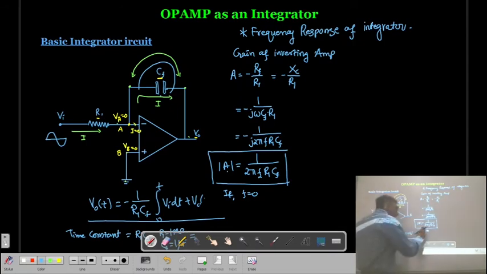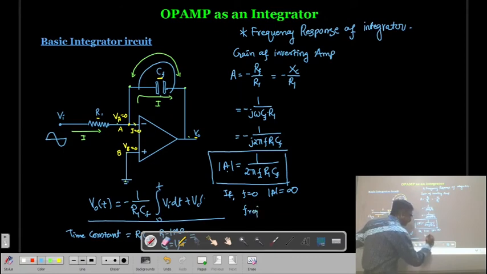Correct? So in that case, the gain of this amplifier will be infinite. And as the frequency is increasing, the more A is decreasing.